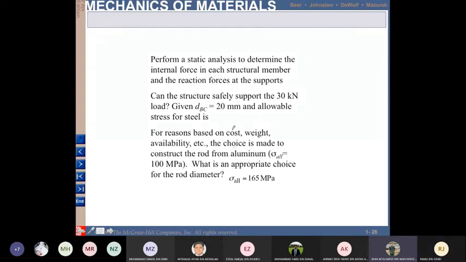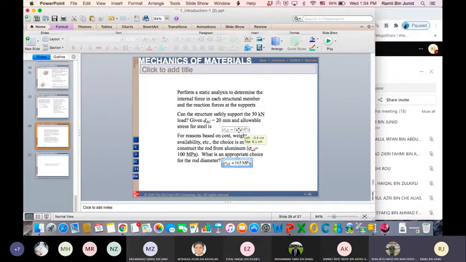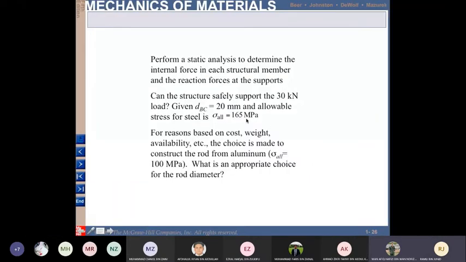Do you understand? Do you understand what I say when I say we already solved this problem? So it asks, the question asks you, can the structure safely support the 30 kilonewton load?